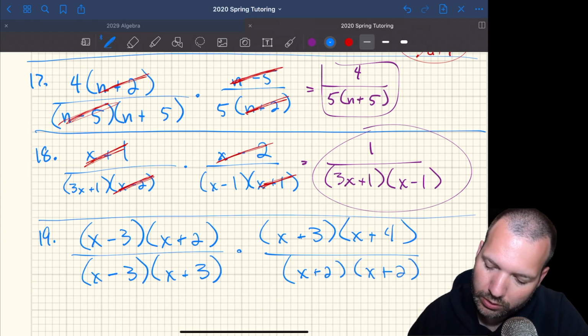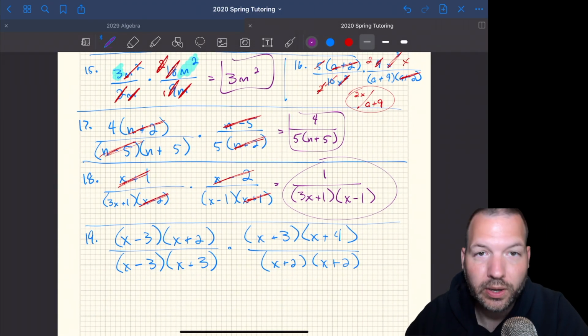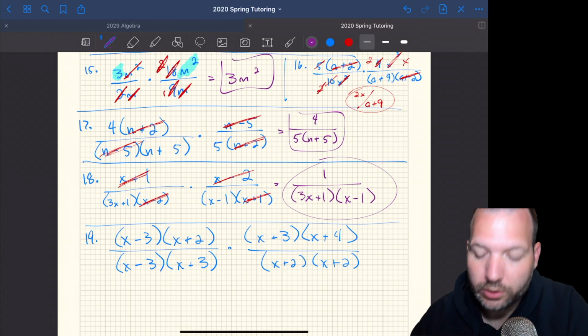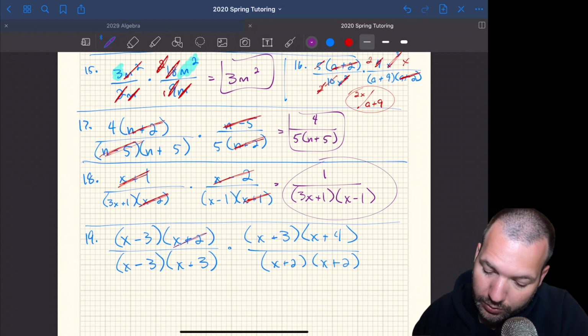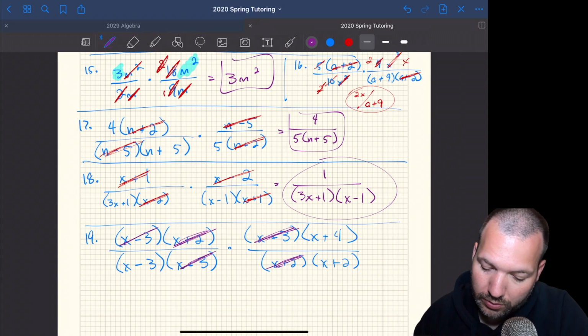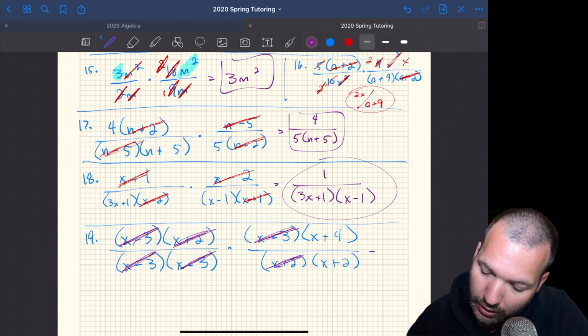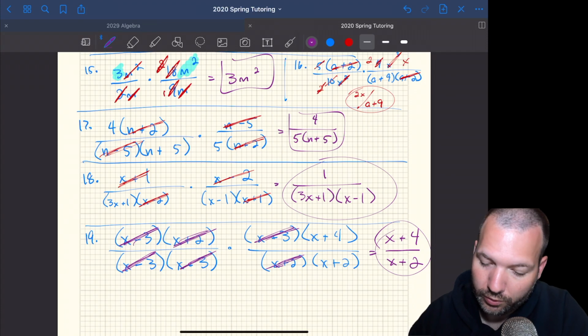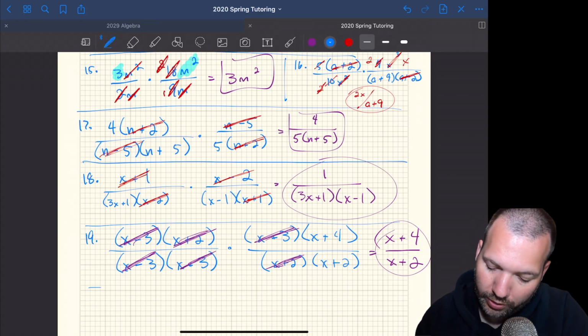That one was a little tricky. Two numbers that multiply up to 4 and add up to 4 are 2 and 2. X plus 2 cancels. X plus 3 cancels. X minus 3 cancels. And the only thing I'm left with is an x plus 4 over an x plus 2. And again, that does not simplify any further, not in any way that we're going to worry about right now.